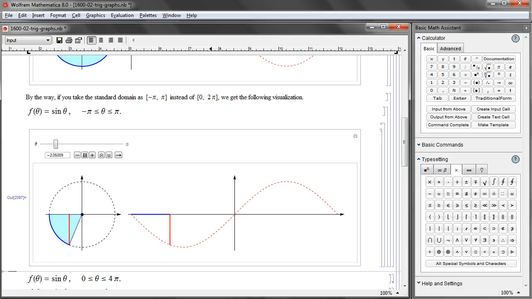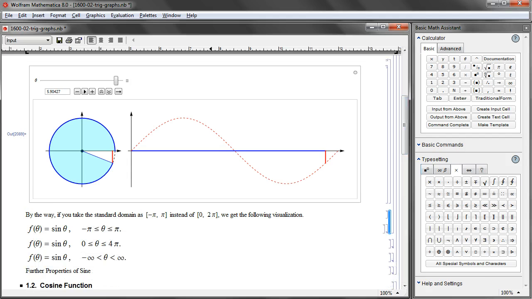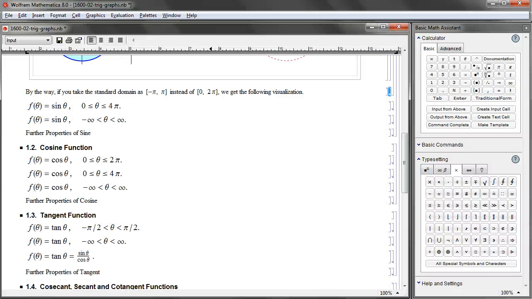We have the same counterclockwise motion, counterclockwise arc length, but the starting point in this case is negative 1, 0, and consequently the starting angle here is negative pi, and it goes all the way up to positive pi rather than from 0 to 2 pi as we saw before. It's an alternative way to represent the same thing. Oh, by the way, if you look from negative pi to positive pi, you can clearly see that the graph of the sine function is an odd function, symmetric with respect to the origin.